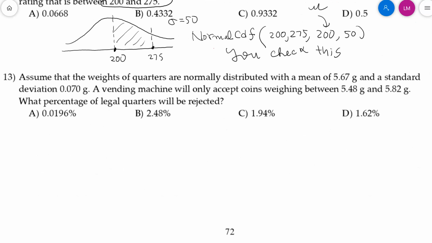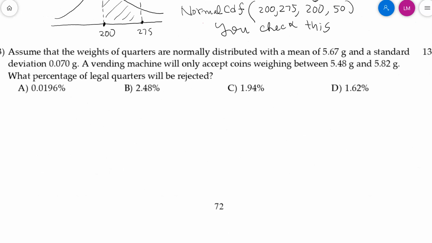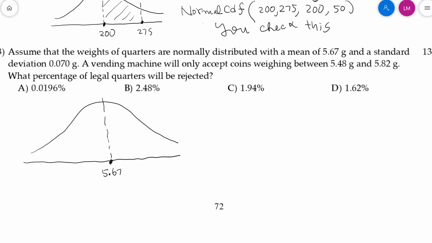Okay, the last question. Assume that weights of quarters are normally distributed with a mean of 5.67 grams and a standard deviation of 0.07. A vending machine will only accept coins weighing between 5.48 and 5.82. So we have the weights of coins normally distributed. The mean is 5.67.